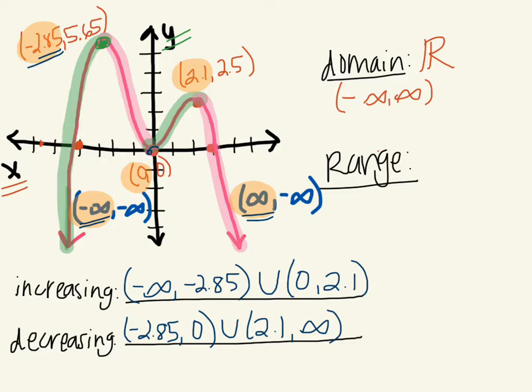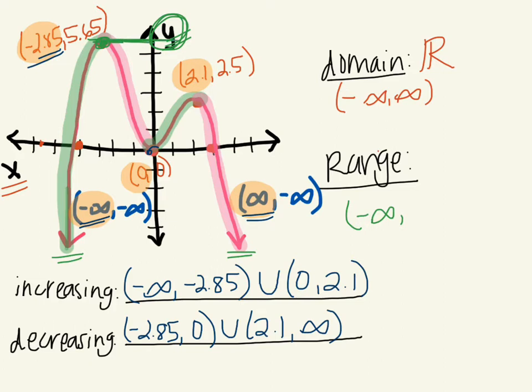In this case, you need to figure out the lowest point that the graph reaches and then the highest point that the graph reaches. So if you look at this graph in relation to the y-axis, the lowest point that this graph's going to hit, well, there is really no lowest point because it goes all the way down to negative infinity. So we always put the lowest point first. And then as you move up, you're going to keep moving up, until you find the highest point that that graph reaches.